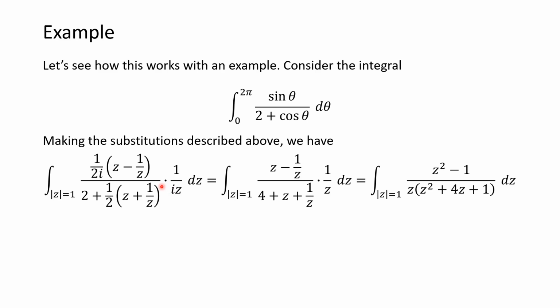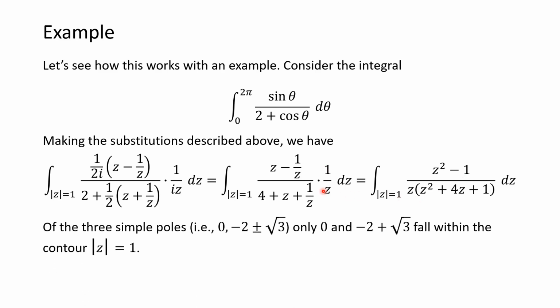Notice that the i here and the i here cancel. We bring the 2 into the denominator, and we get 4 plus z plus 1 over z. So we have this here. Then we multiply the top and bottom by z, and we get z squared minus 1. This becomes 4z plus z squared plus 1. This thing in here.